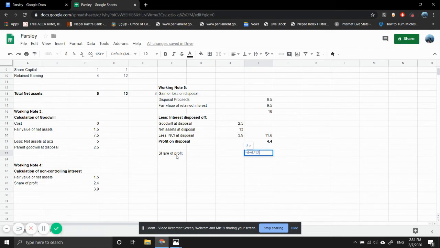So half year was a subsidiary, half year it was associate, right? So we need to divide that, and then our percentage holding, right? So this will be our profit for that period.